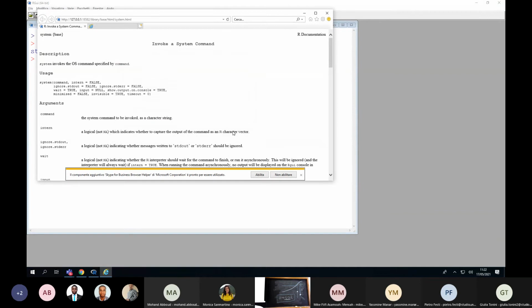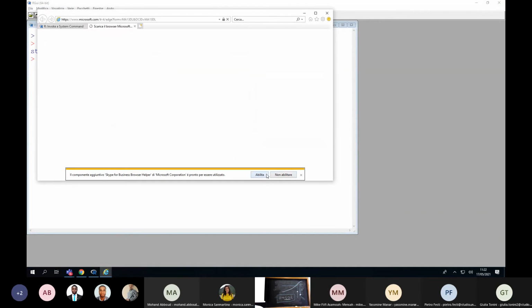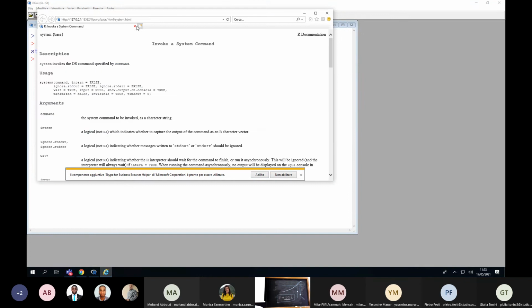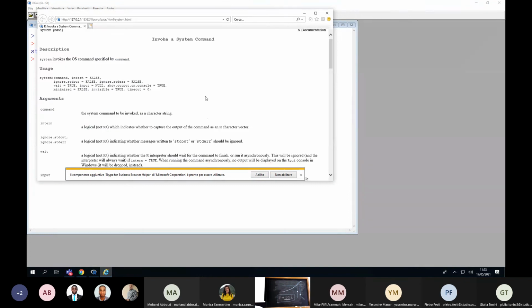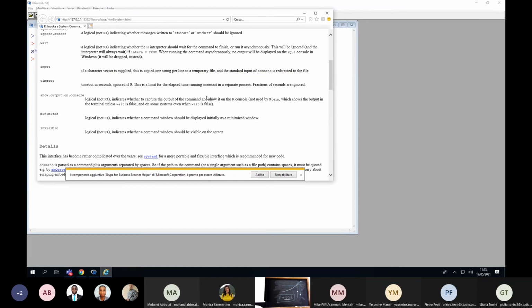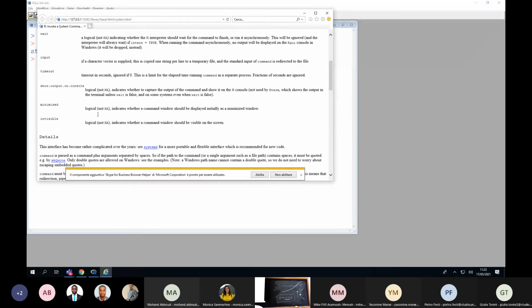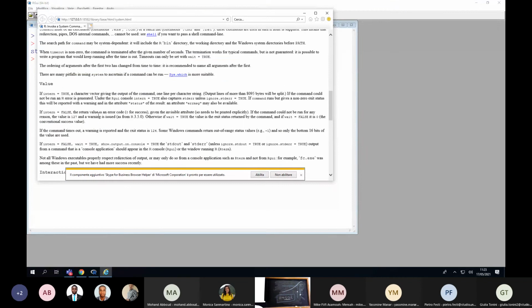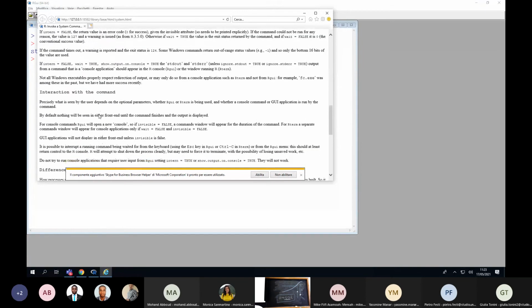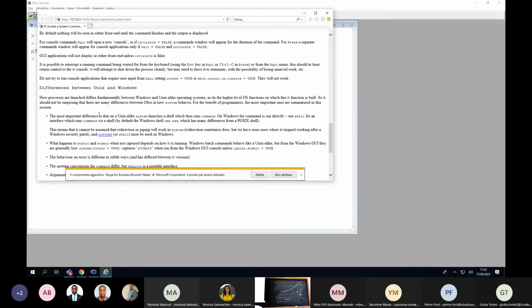I need, in the R console, to change the directory, which is very easy for you in RStudio. I need to set up the desktop as the working directory.